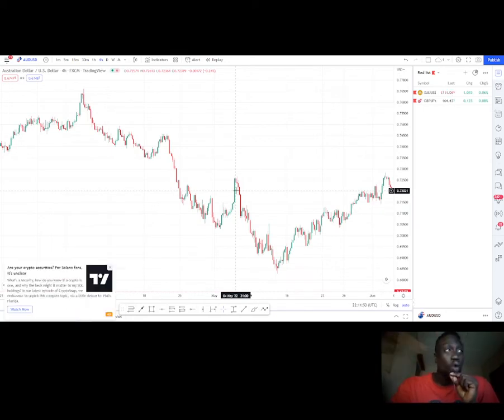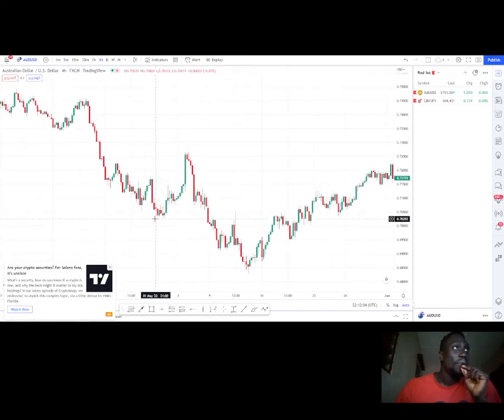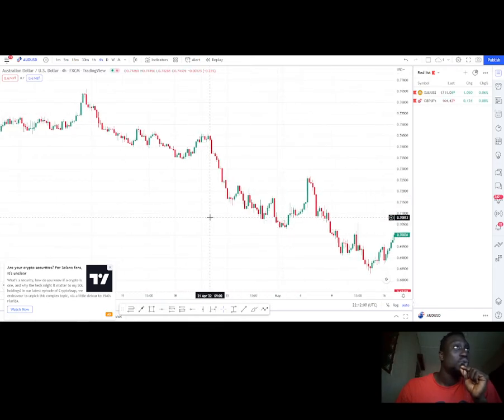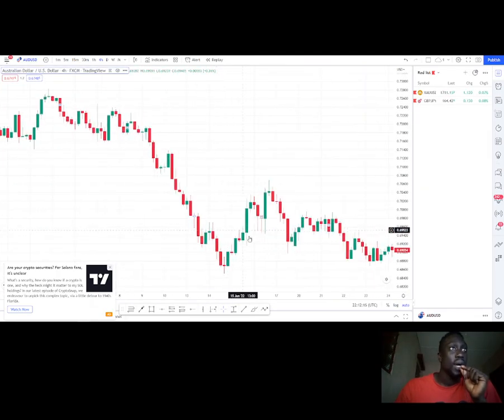So if you focus only on news from Australia, you can trade this pair. Unlike the other JPY pairs, this moves quite a lot, but compared to this, the JPY pairs move quite a lot more.